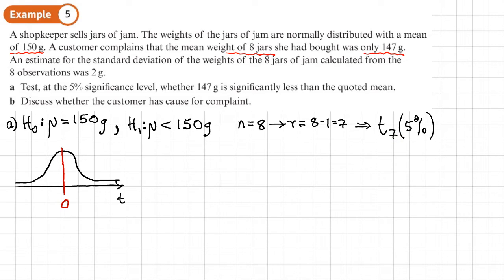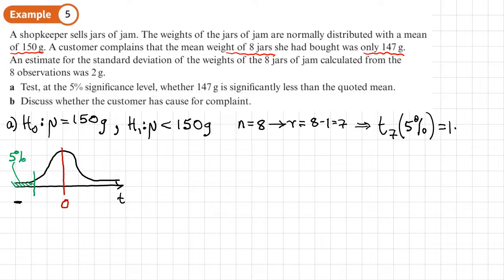Now if it's a lower tail test, that means that this area here needs to be 5%. That means that I need to stick a negative in front of any value that I find from the table. So from the table I go down to the 7 degrees of freedom row and then go across to 5%, and I see 1.895.